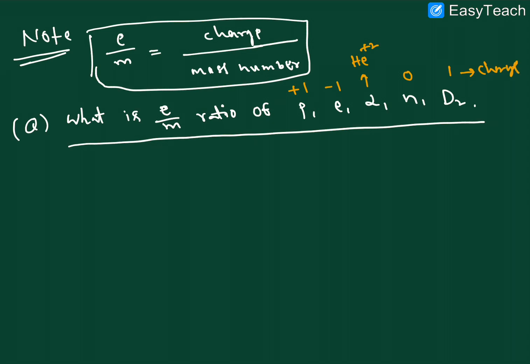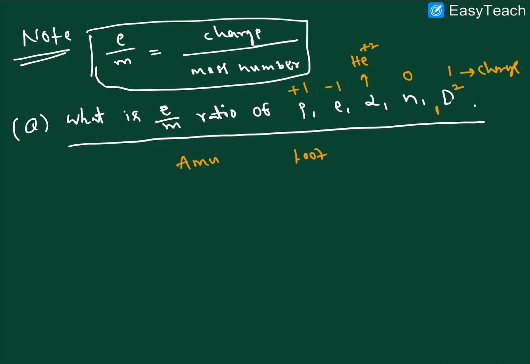What is the mass here? The mass of proton is 1. Sorry, here we are taking not D2, 1 only. This is atomic number. I am taking the mass in AMU, atomic mass unit.